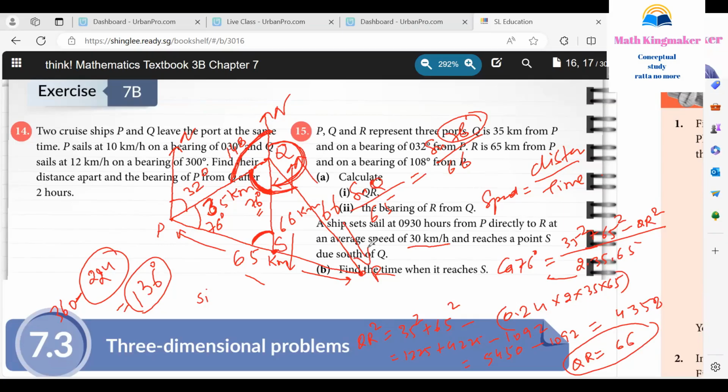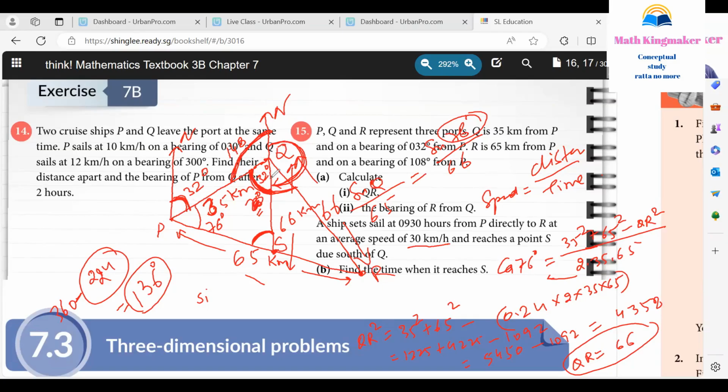This angle would be 32, because they would be interior opposite angles. Now this 32 is used here, because this is north, these are parallel lines and this is the transversal.